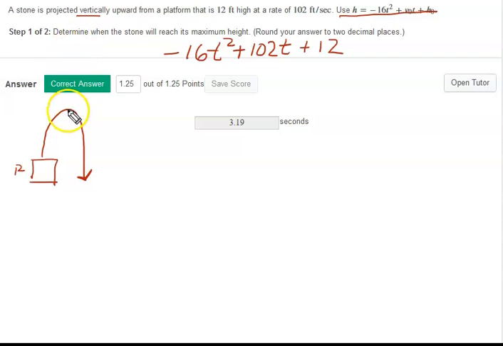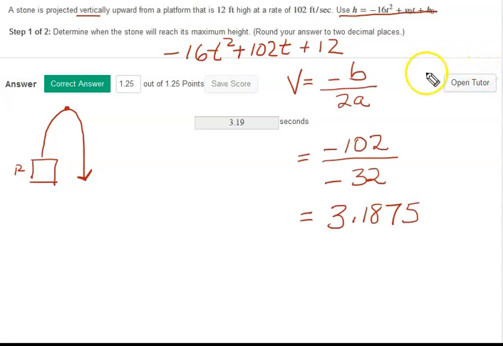Now we're asked, how long will it take for our stone to reach its maximum? Well, for this we're going to use the vertex formula, because this is the vertex, and that is negative b over 2a. So now we do some substitution.